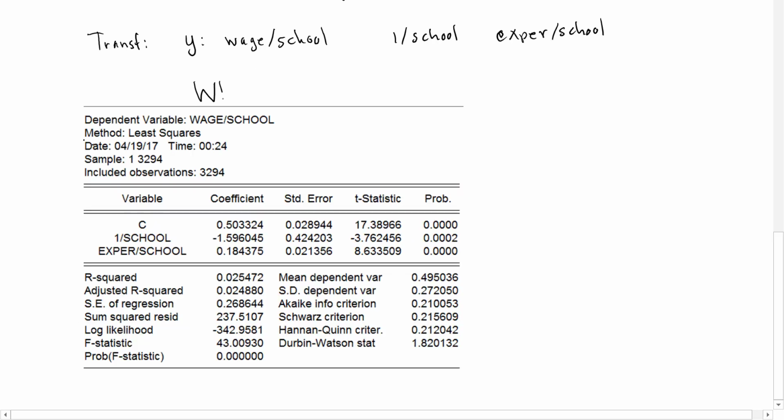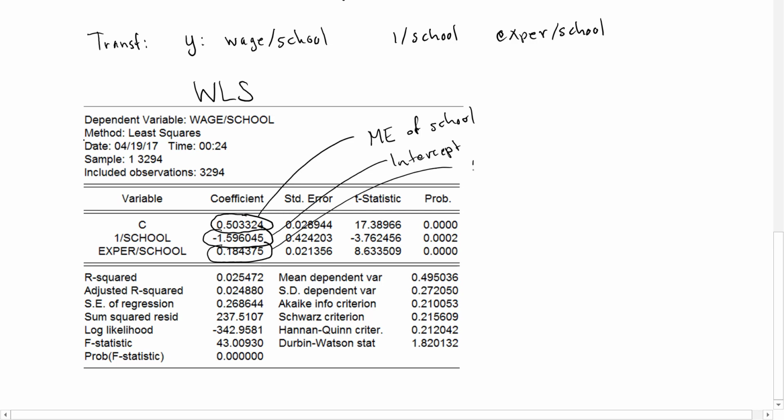Okay, these are my estimates. This is weighted least squares. Remember, the intercept in the transformed model is really the marginal effect of school. This is the intercept, beta 1, and this is the marginal effect of education.